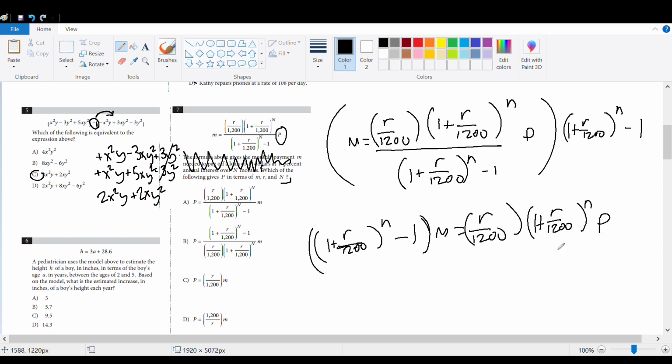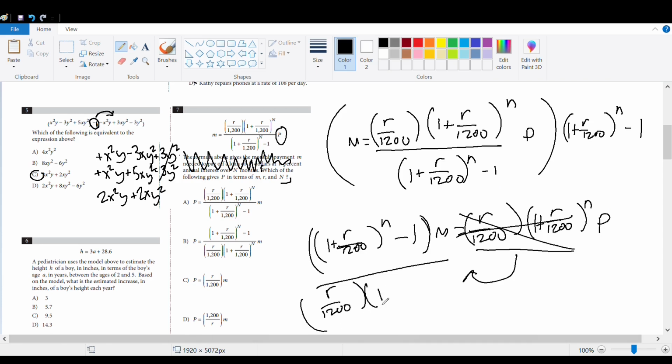So now in order to fully isolate P, we want to divide both sides of the equation by this section here. And we could just do that. So when we divide it by this big expression, this just cancels out and we get this R over 1200 times 1 plus R over 1200 to the N. So here, there's a negative 1 on top of this fraction that P is equal to.